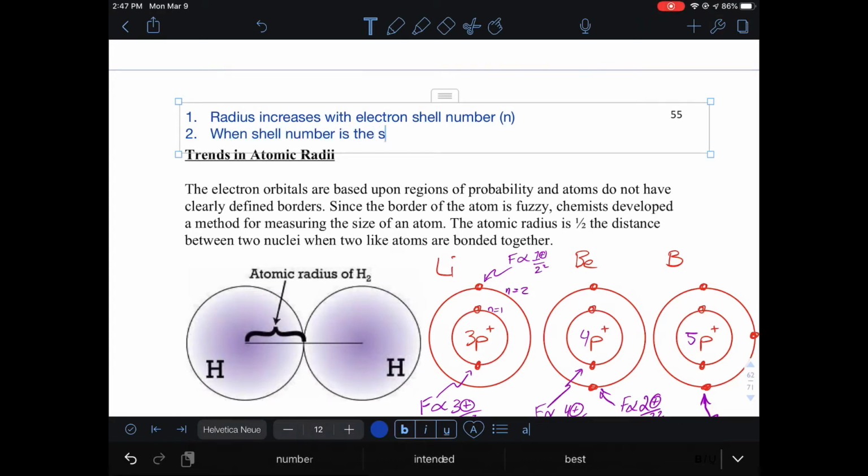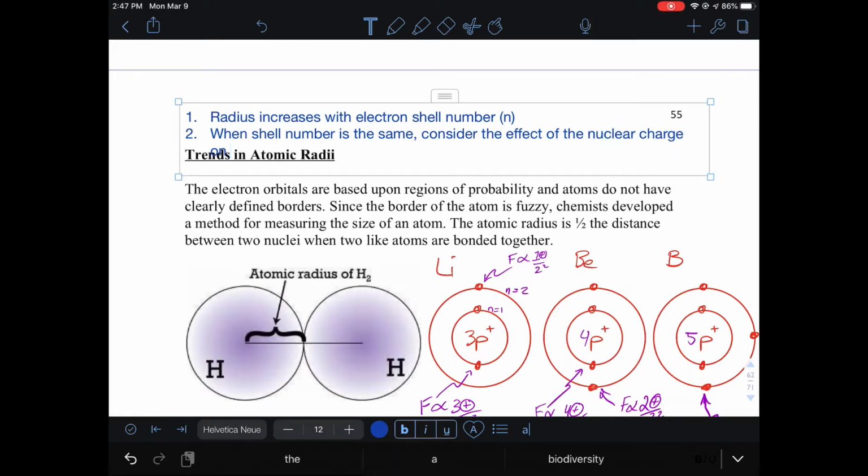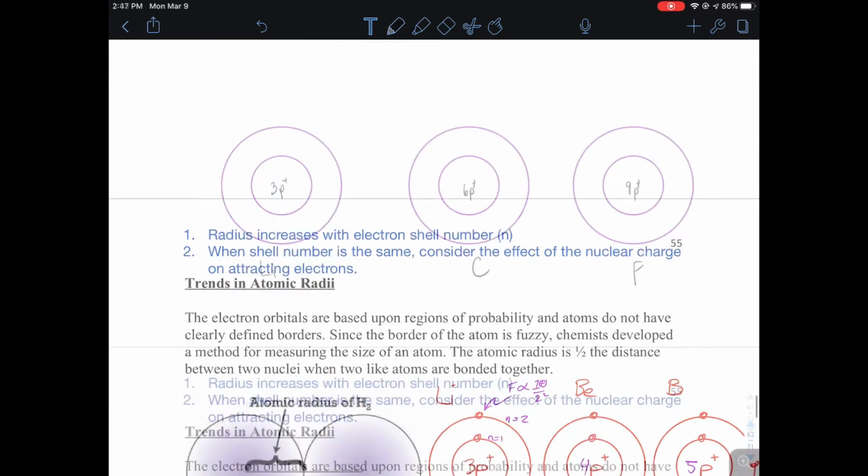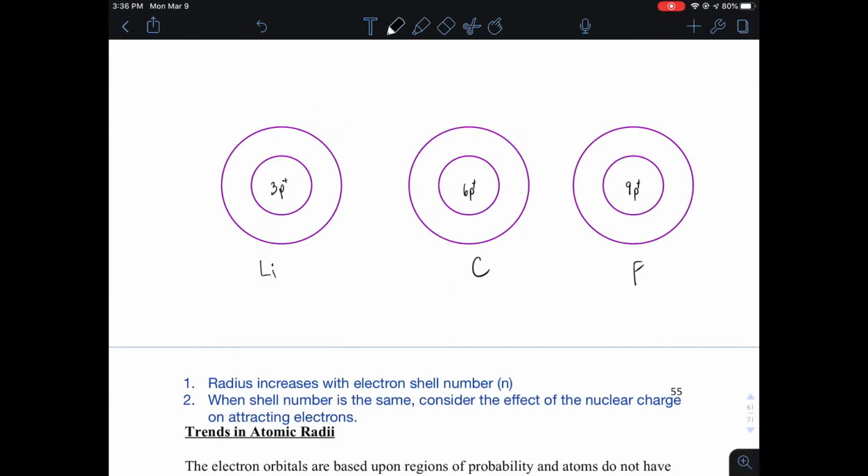When the shell number is the same, consider the effect of the nuclear charge on attracting electrons. So we're going to consider the shell number being the same and then the effect of the nuclear charge.